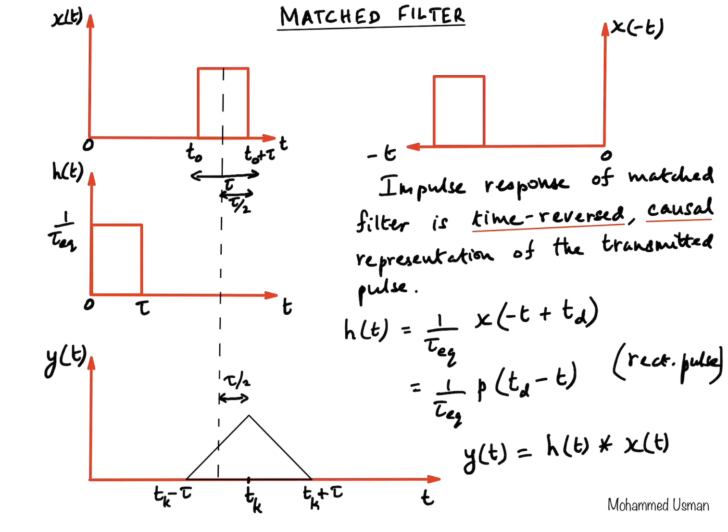We can design our transmission in such a way, and matched filter does introduce some delay of tau by 2 for each of the pulses. So let's make those statements.